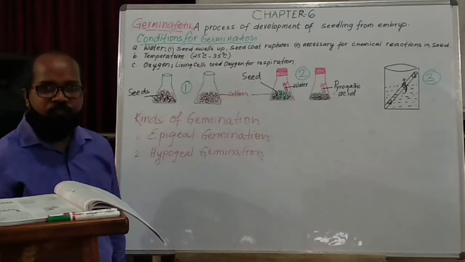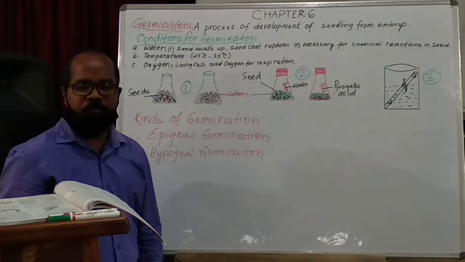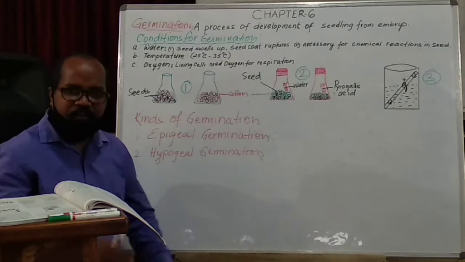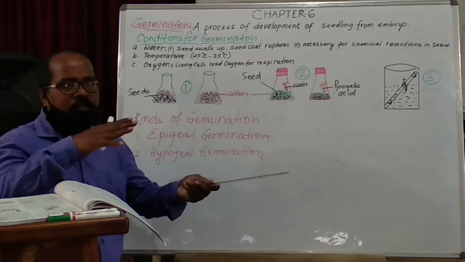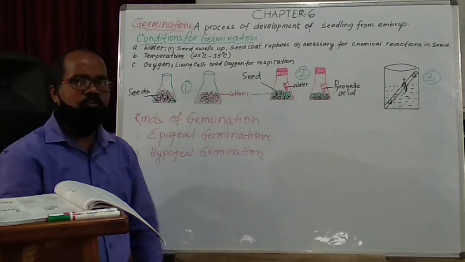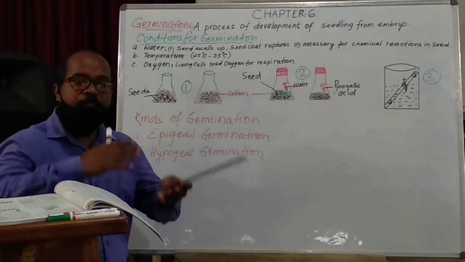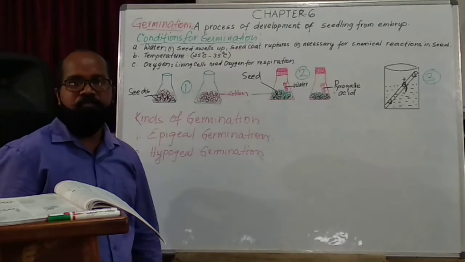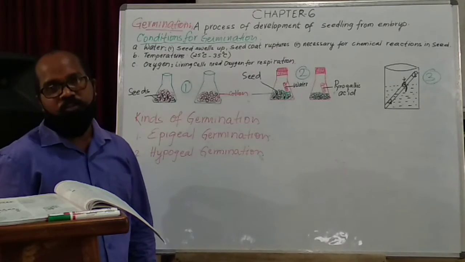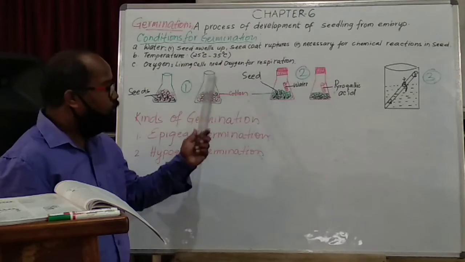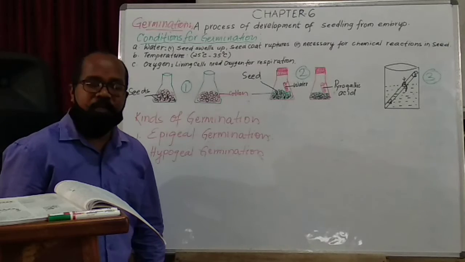Number two, temperature. Temperature is very important as well. When the environment is very cold, seeds cannot germinate. When the temperature is very high, seeds also do not germinate. Why? Because at low temperatures, the embryo remains inactive.